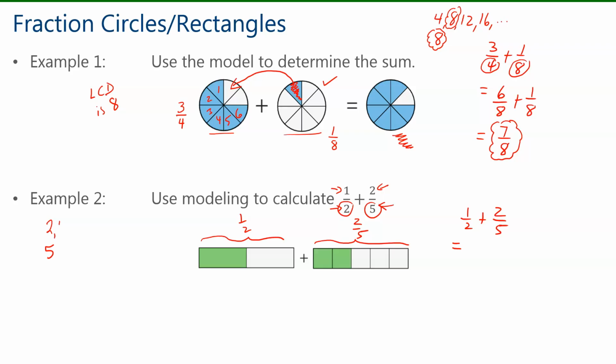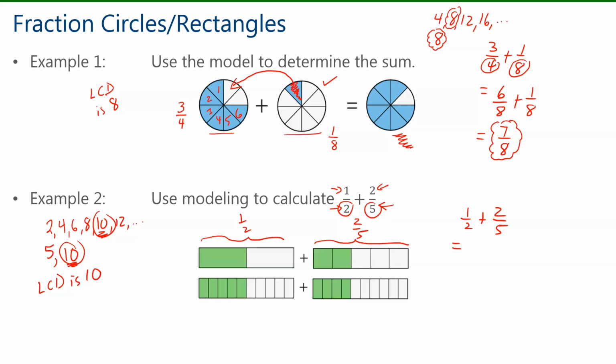If I list off my multiples of 2: 2, 4, 6, 8, 10, 12, and so on. My multiples of 5: 5, 10, and look at that, I can stop. Got a 10 and a 10. So my LCD is 10, which means I need to divide each of these wholes into 10 equal sections with the same shaded region. There we go.